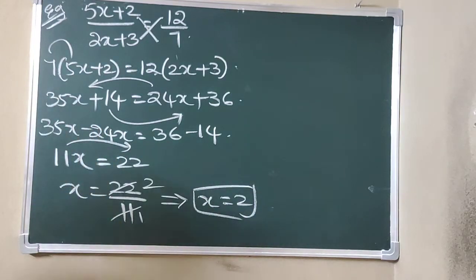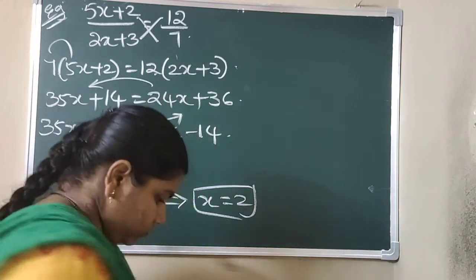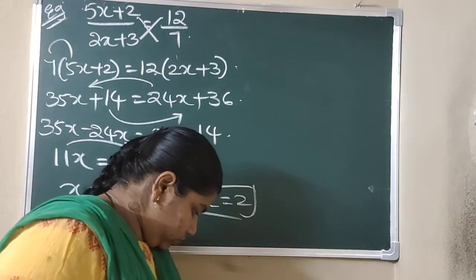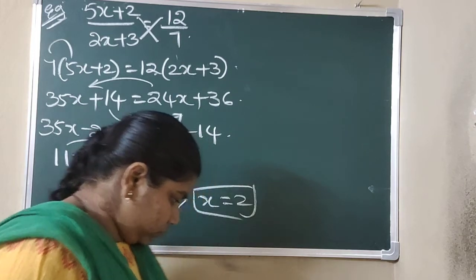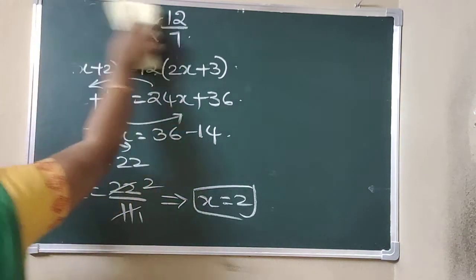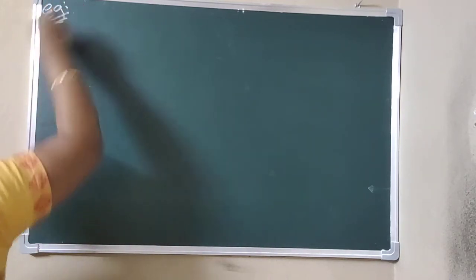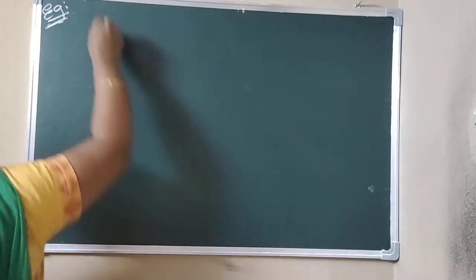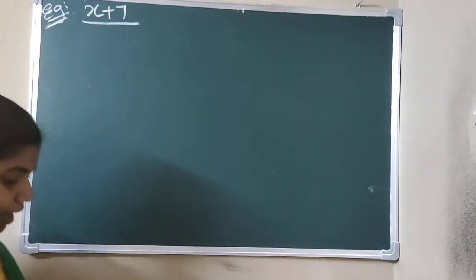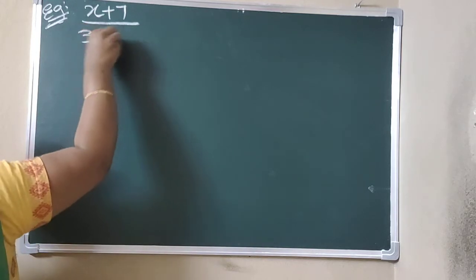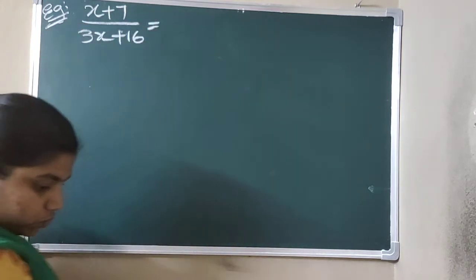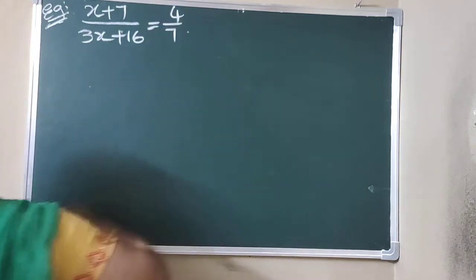So this is our next example. So next one is (x plus 7)/(3x plus 16) will be equals to 4 by 7.